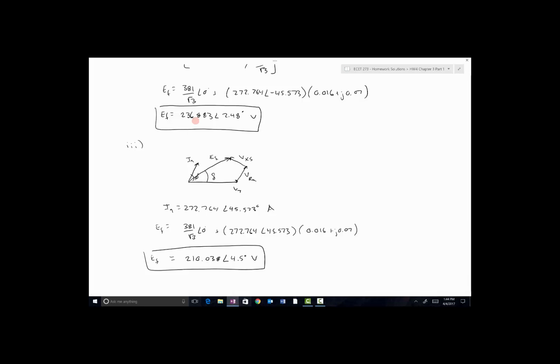I think maybe more interesting is this: EF is this, resistance, reactance, we've got those, terminal voltage, EF, and I've been using 381 over root 3 for this value right here. If you do that math, that's about 220 volts, approximately.